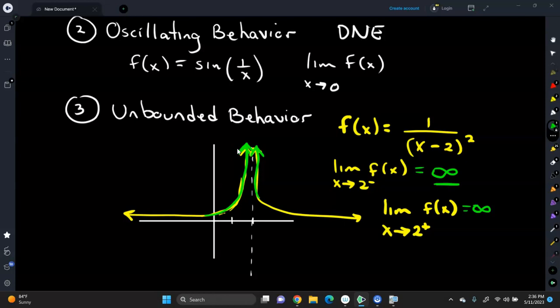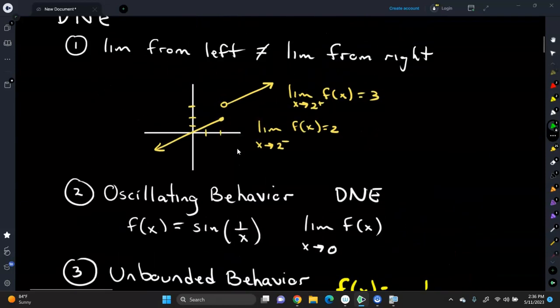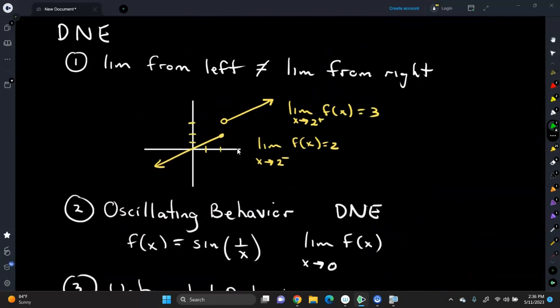So when we have something like this, we could technically say that the limit as x approaches 2 of f of x equals infinity, because it does. But by the nature of that, the fact that it equals infinity actually means that the limit does not exist. So both of these are actually correct in this case. In the other two cases, the limit just does not exist.